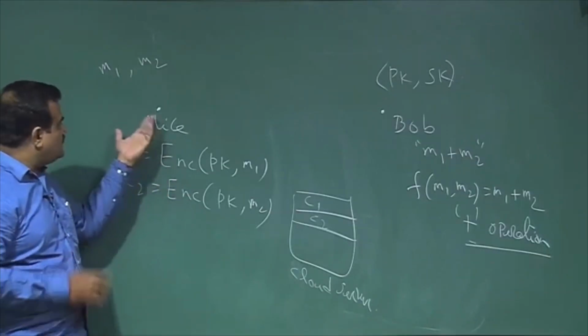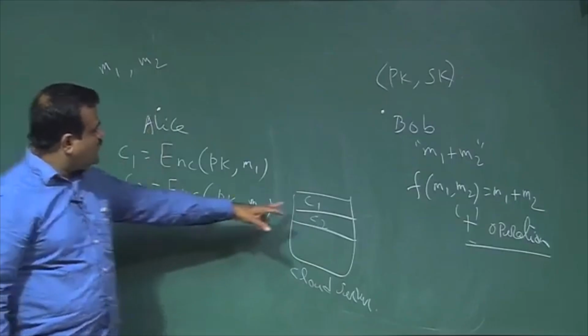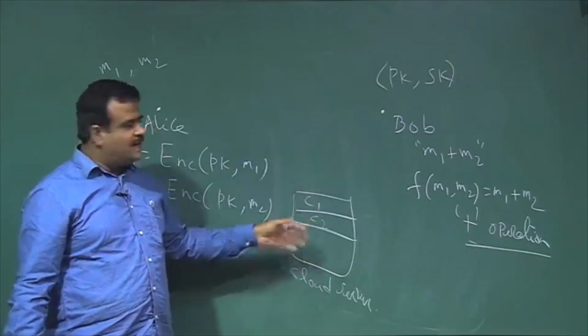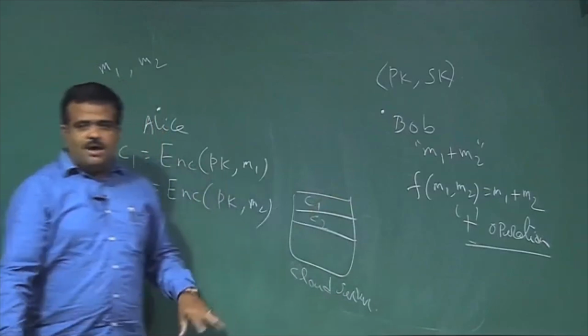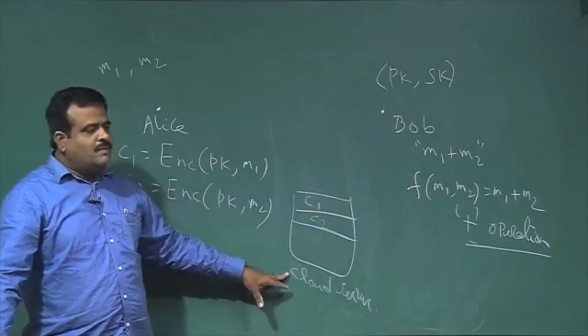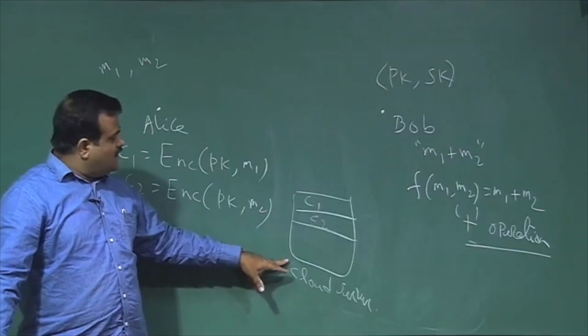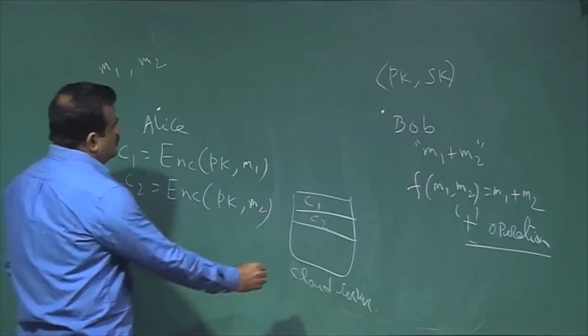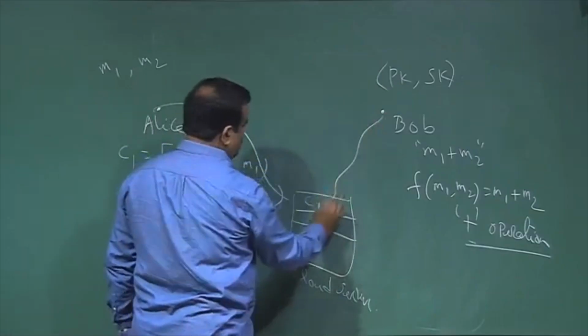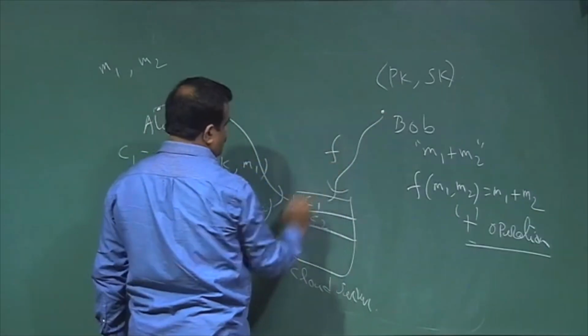Usually in a public key setup, what can Bob do? Bob can get C1 and C2, then decrypt them, get M1, M2, and then compute the sum. But we want this to be done at the cloud server. So the cloud should be able to do some eval operation. Bob sends this f, which is the plus operation.